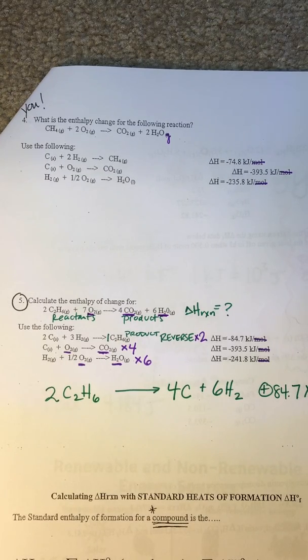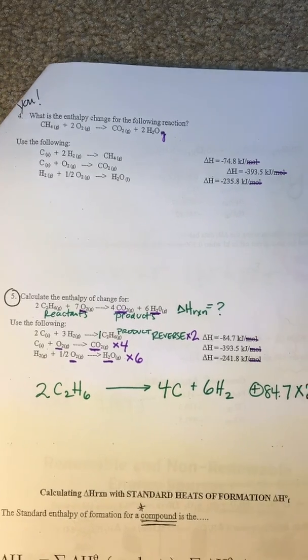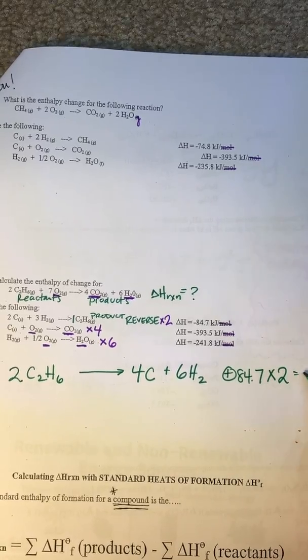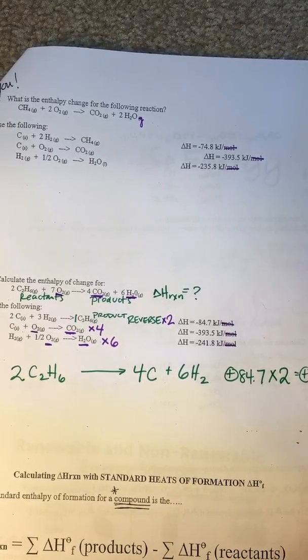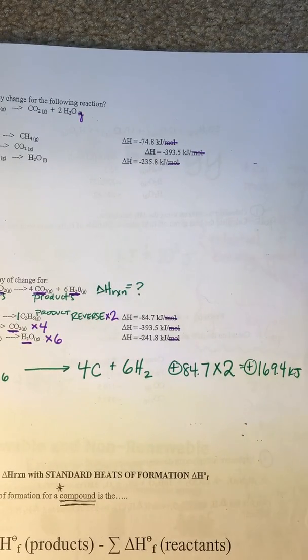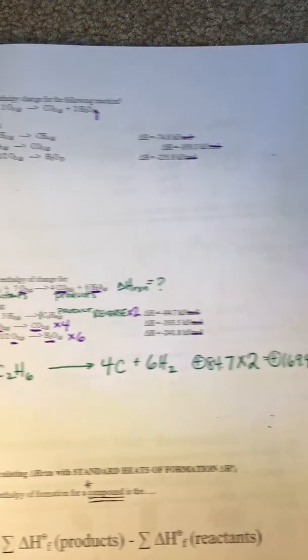Let me actually just do that on my calculator really quick. I should be able to do that in my head, but hey, we're all tired. So this is a positive 169.4 kilojoules is what we have. We reversed and we doubled. So the sign flipped and we doubled our amount.